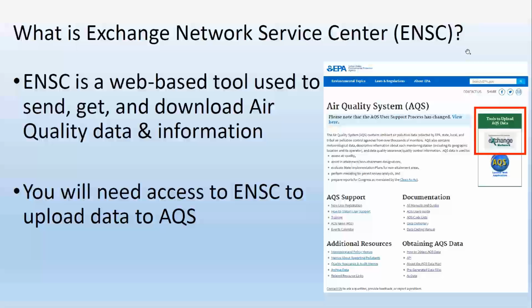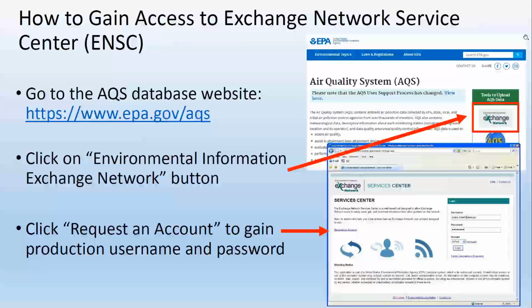Your profile should indicate that you'll need screening group access to have an account with ENSC. So make sure when you're filling out your user registration that your AQS contact realizes they have to indicate which screening group you're going to be a part of. Next slide.